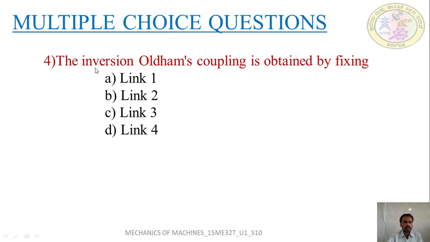Next, the inversion Oldham's coupling is obtained by fixing link 1, link 2, link 3, or link 4. By fixing which link is Oldham's coupling obtained? Let us see the answer. That is link 2. By fixing link 2, that is the supporting frame, Oldham's coupling is obtained.